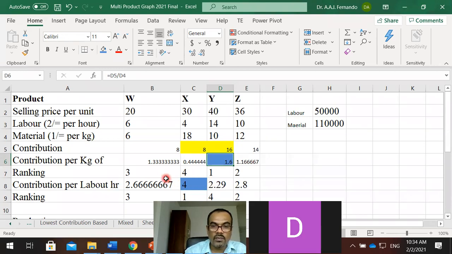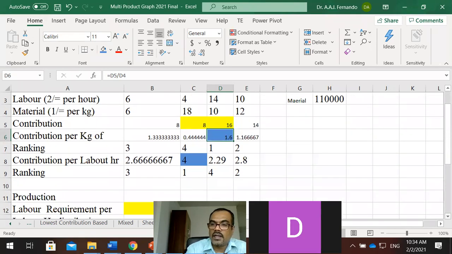In the case of raw material, 1, 2, 3, 4. In the case of labor, 1, 2, 3, 4. So this 1 becomes 4 in the case of labor. That means it is not highly labor intensive, lots of labor is being used, less productive. That's the reason. Okay, that is how you need to get the answer.